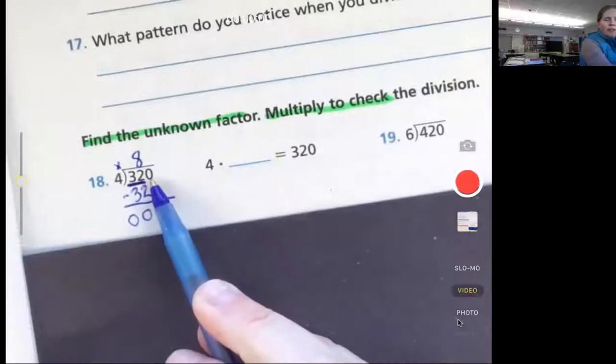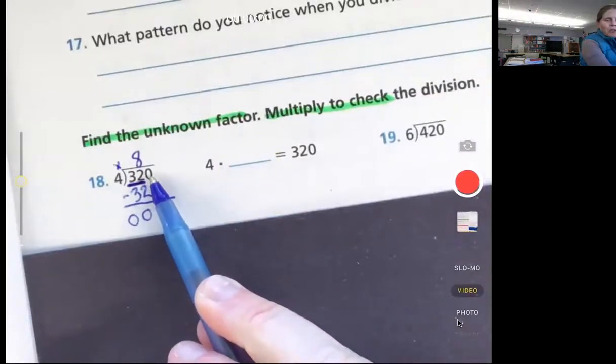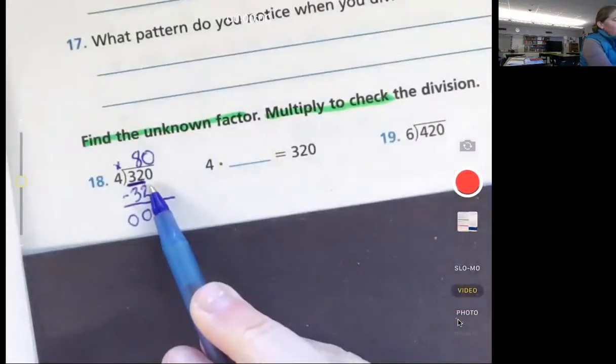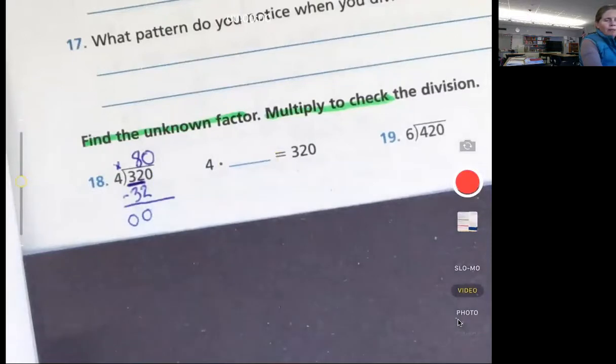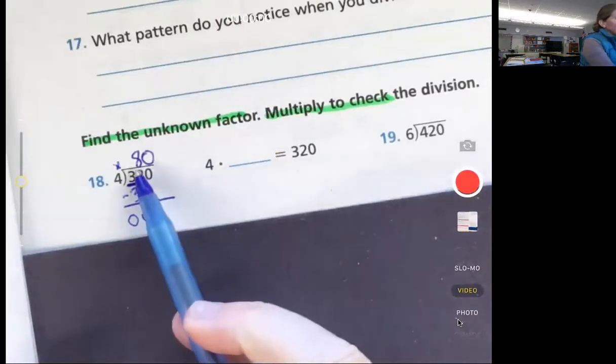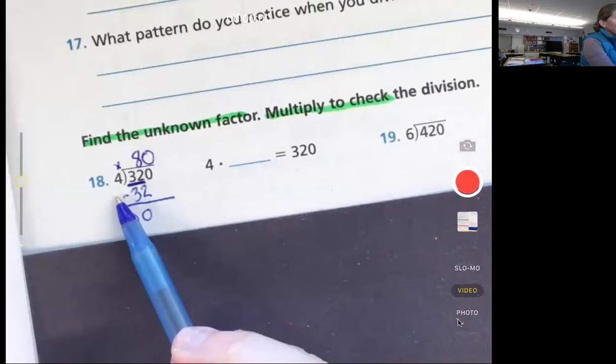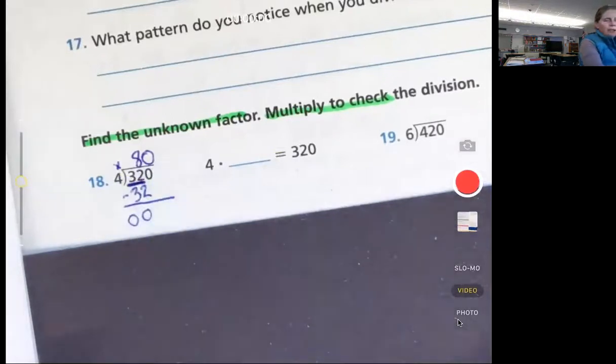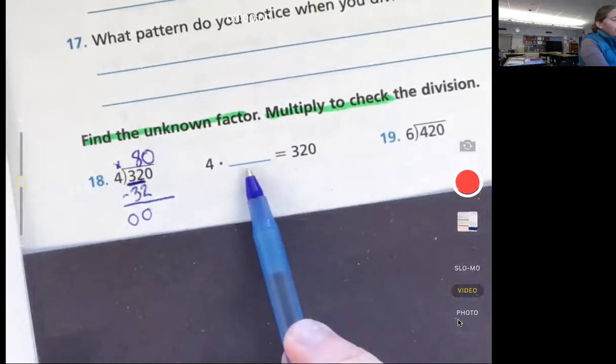But I still have a 0 here. This is where I get to add my 0, okay? Because there's 1 here, I'm going to put 1 up there. This shows me that 80 times 4, 4 times 80 should equal 320. And that's part of my check.